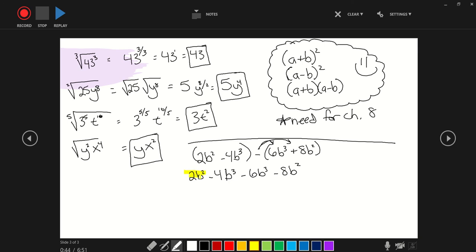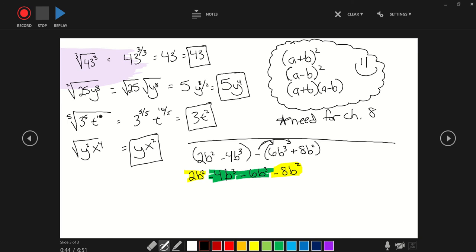So we have 2b squared, and we have a negative 8b squared. Remember to include the sign. Do not forget to include the negative, because that's how you know whether you're going to add or subtract. Then we have negative 4b cubed and a negative 6b cubed.